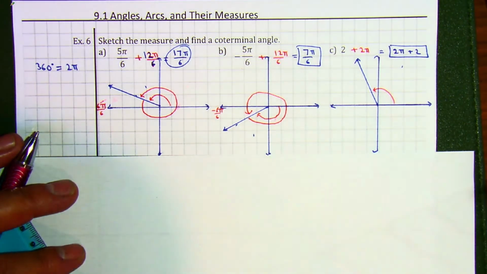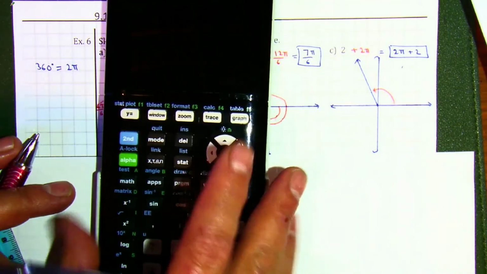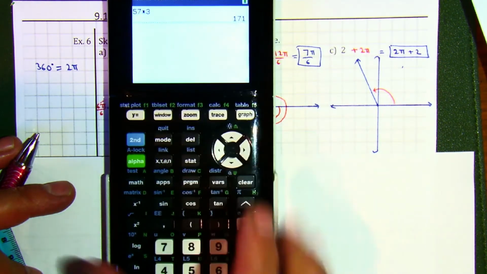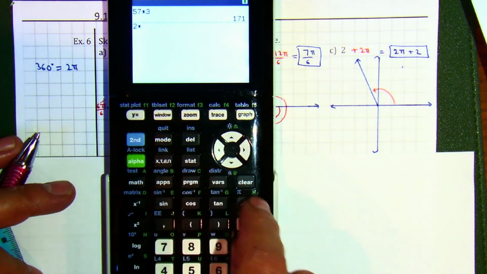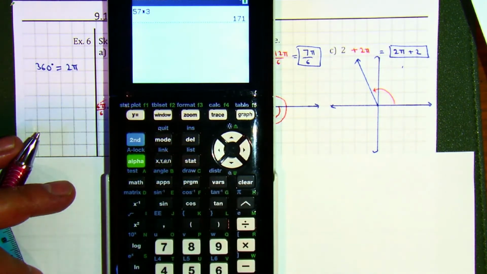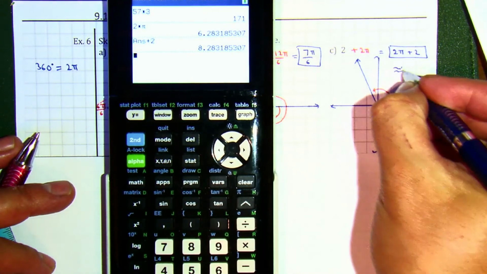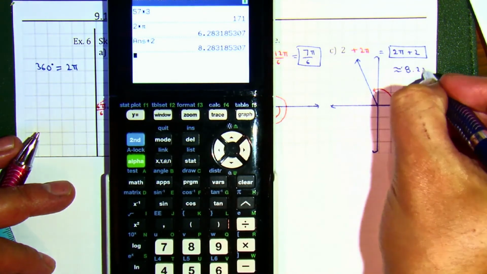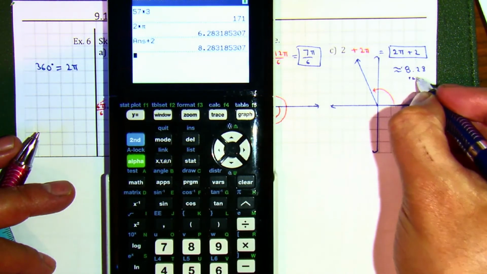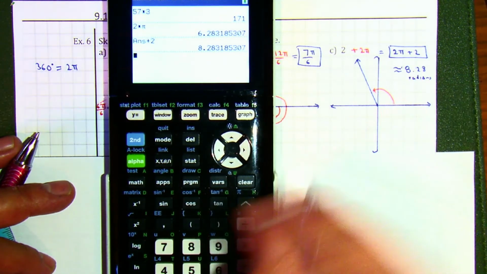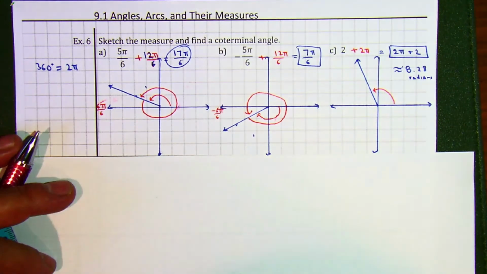Now, if I need an approximation, then I can just use a calculator and place 2 times pi, which is 6.28, and add 2, which will be approximately 8.28 radians. I can write down the word radians, or I can leave it as is without a degree symbol.